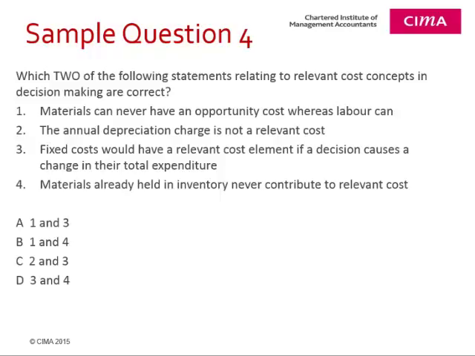Thorough preparation will mean that you know that materials can often have an opportunity cost. Once this decision has been made, choices A and B can be eliminated, leaving either C or D as the correct choice. As statement 3 is included in both of these choices, it doesn't need to be considered.